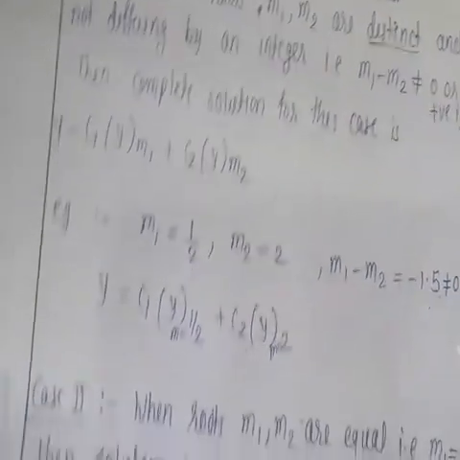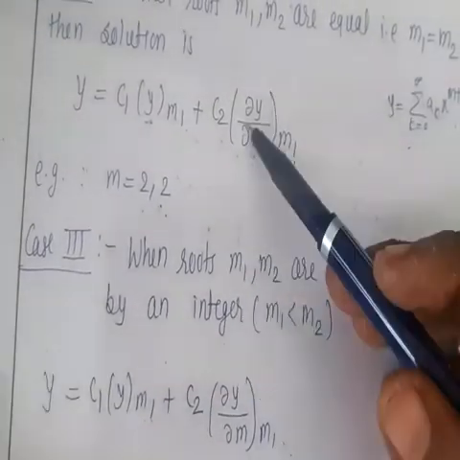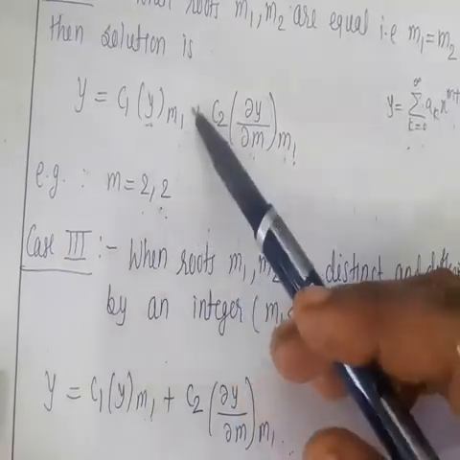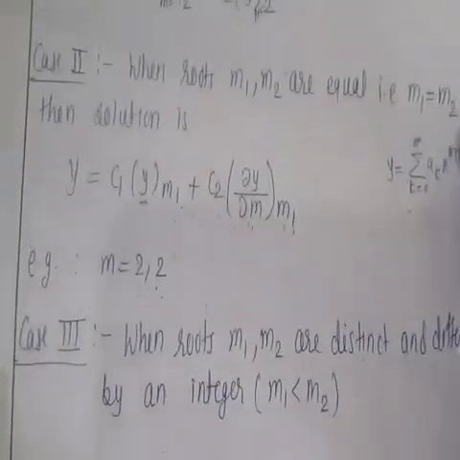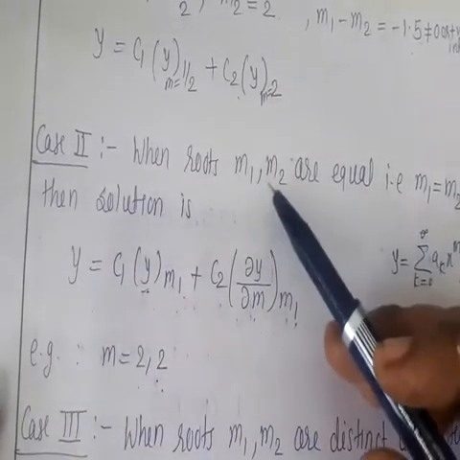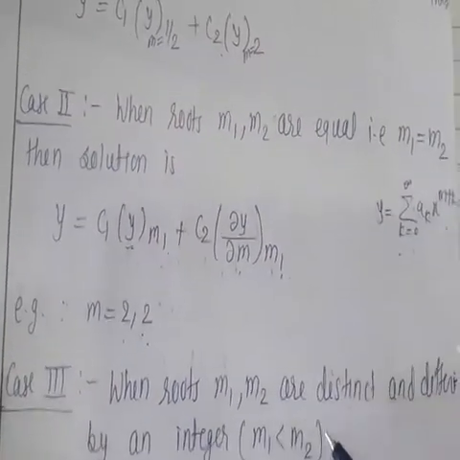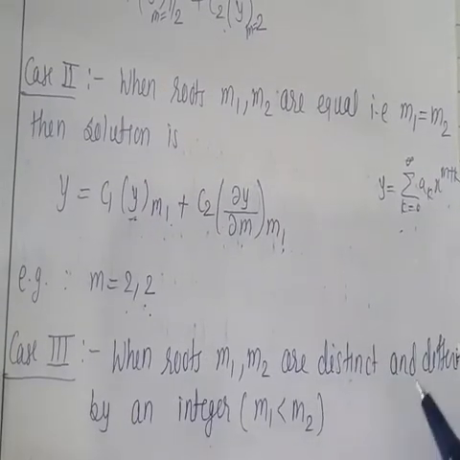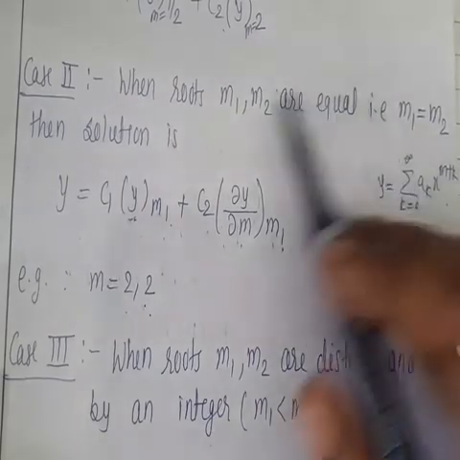Similarly, for case number 2 and case number 3 the solution writing method is the same: y is equal to c1 into y at m1 plus c2 into del y by del m at m1. But here m1 and m2 are equal in case number 2, and m1 and m2 are distinct in case number 3, and here it is differing by an integer. Here both the roots are the same.